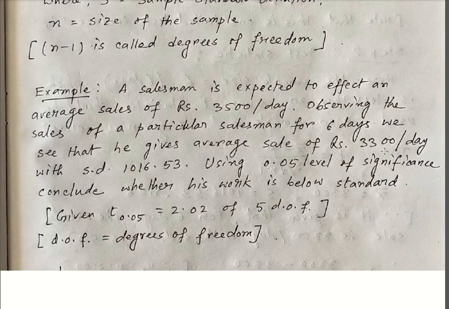After observing 6 days, it is 3300 per day with a standard deviation 1016 point something. So the sample size is 6 days, and the sample mean, that is the average sale of 6 days, is 3300. For 6 days the standard deviation is 1016, which is the sample standard deviation. So sample standard deviation is given.